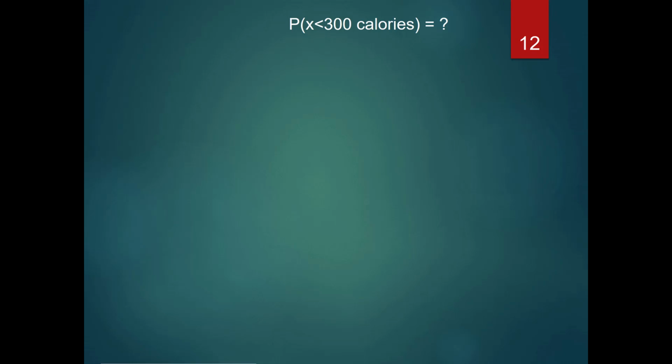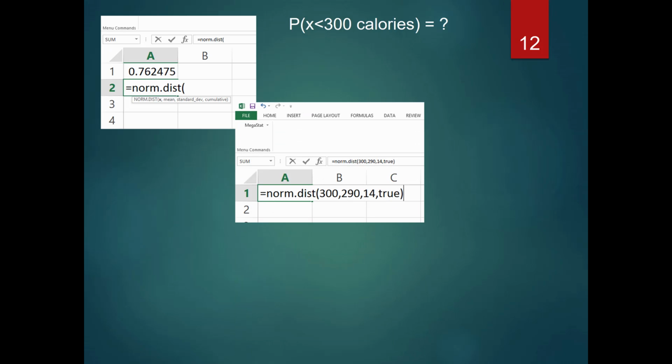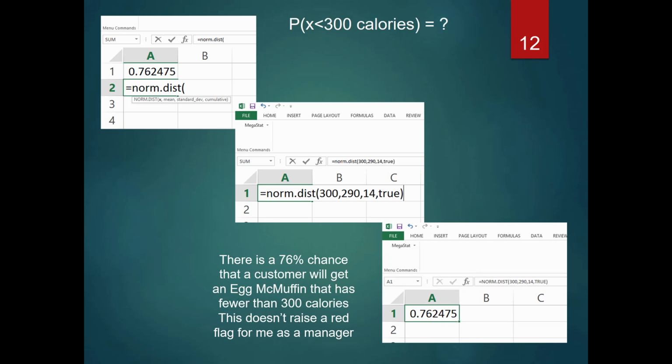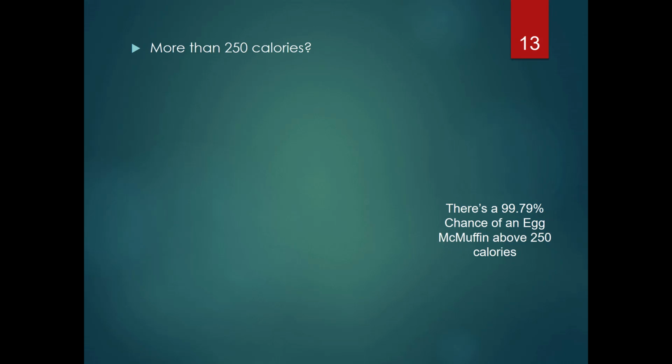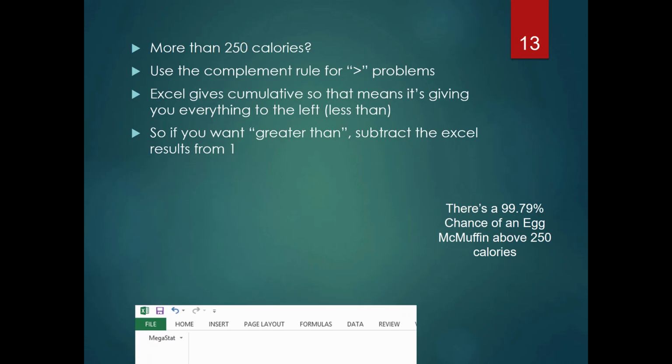So basically, for less than 300, you can see there what I did and got the 76%. 76% chance that a customer will get an Egg McMuffin less than 300 calories. More than 250. Again, I use the complement rule for greater than problems. 99% chance.